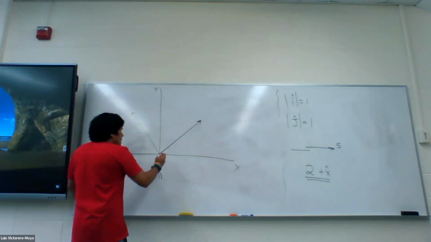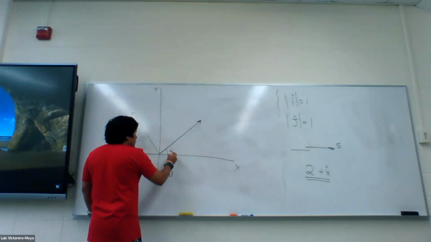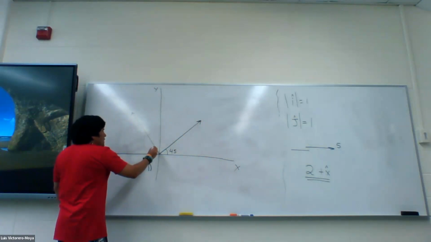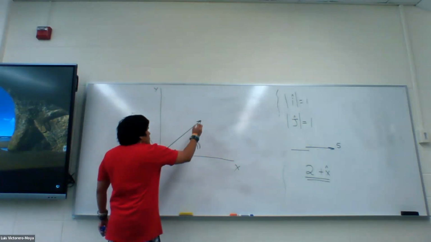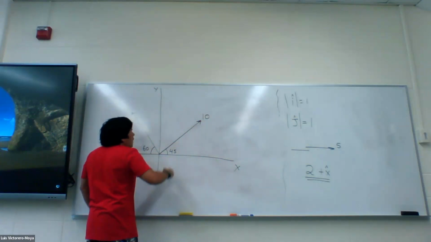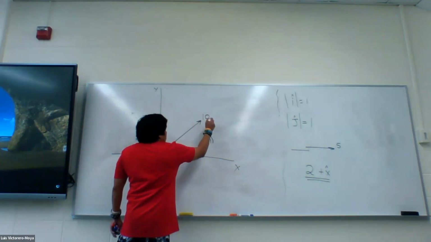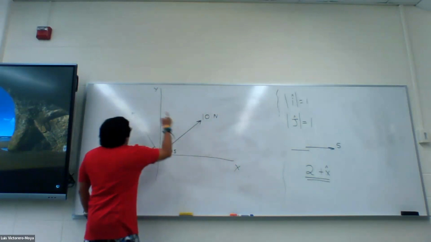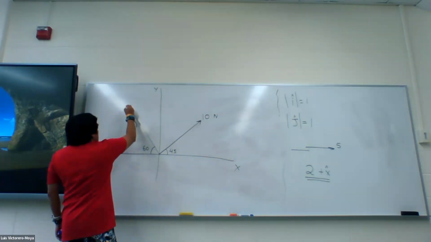Let's say this is 45 degrees, and this is 60 degrees. I'm going to give a value of this of 10 units, or let's use some units, 10 newtons, and this, let's say, is 20 newtons.